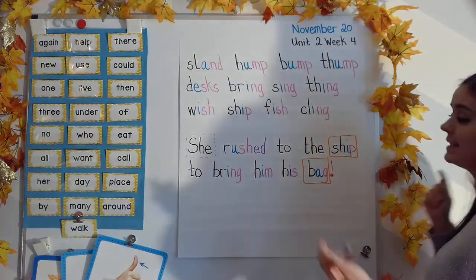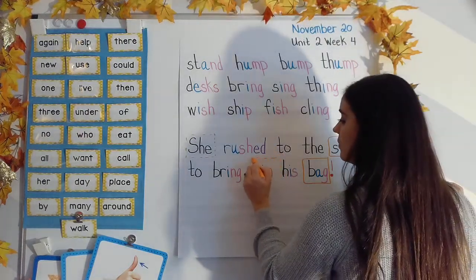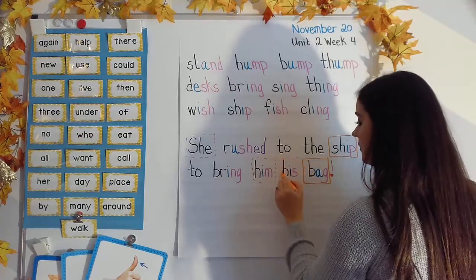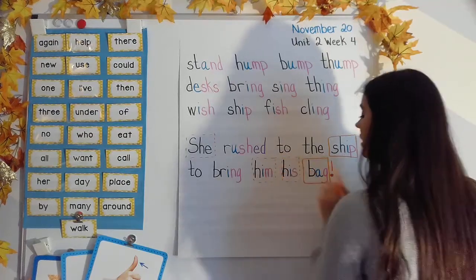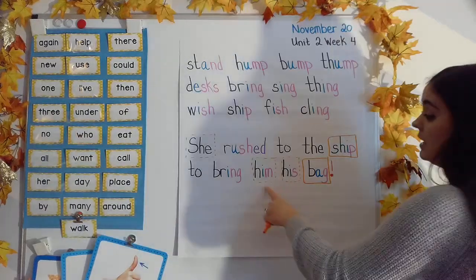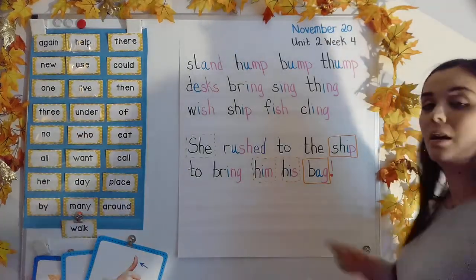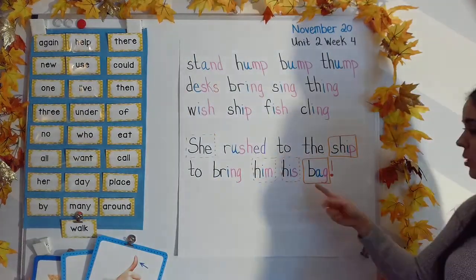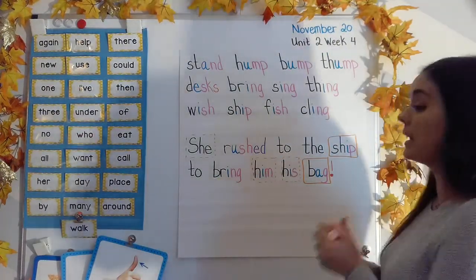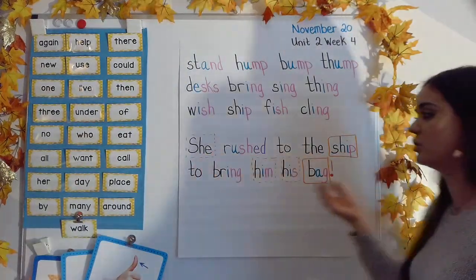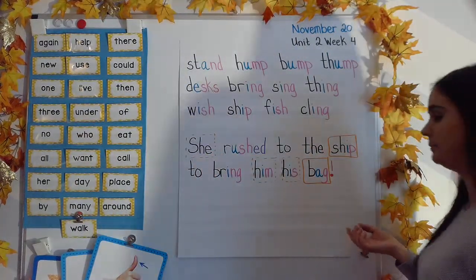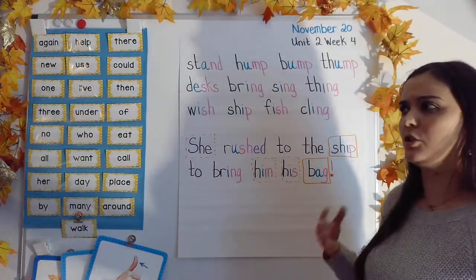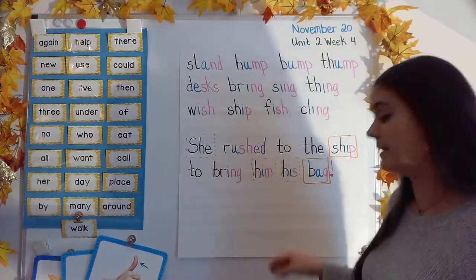Him and his are also pronouns. So instead of him and his, I could put Mr. Porter. Mrs. Porter rushed to the ship to bring Mr. Porter his bag. But I could also say she rushed to the ship to bring him his bag. And it would still make sense. It's kind of like a shorter way of saying something.